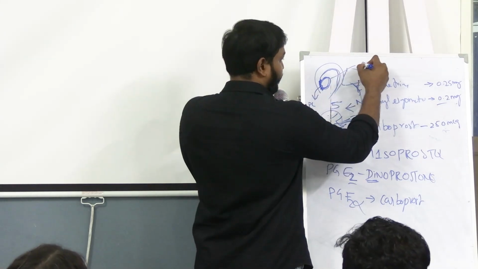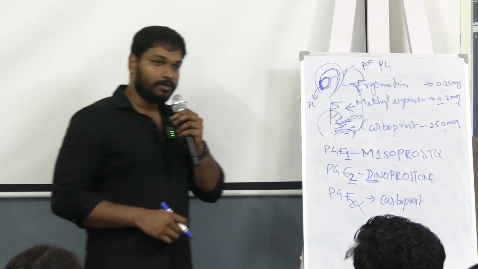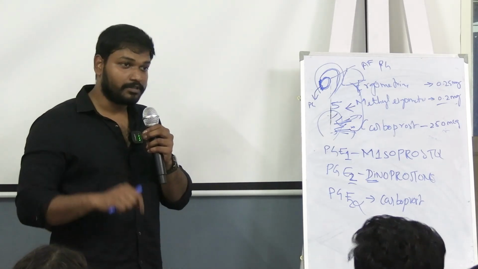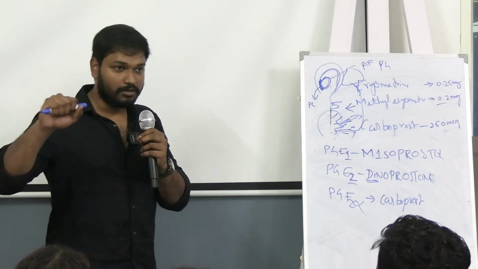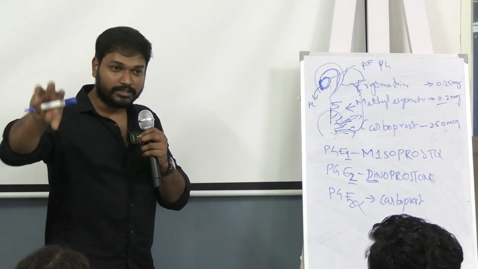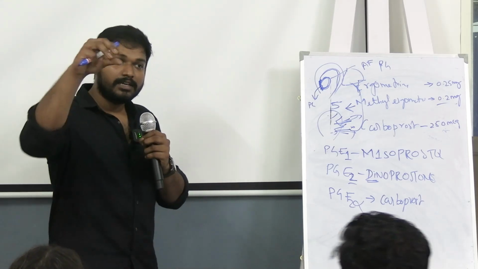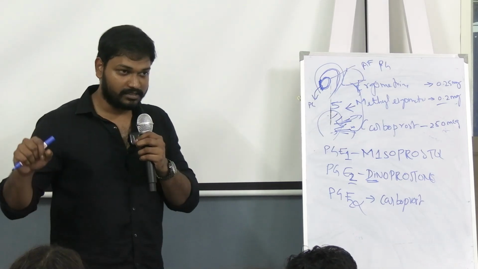The amniotic fluid has prostaglandin, and menstrual blood also has prostaglandin. Prostaglandin causes smooth muscle contraction. So during menstruation, because of prostaglandin synthesis, there will be contraction of the uterus. That is why females have pain during menstruation.